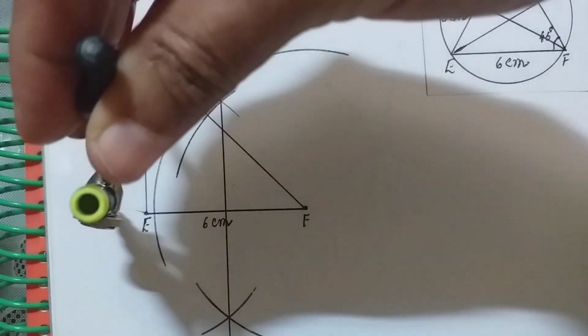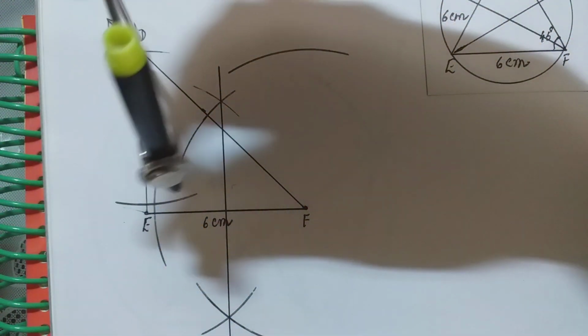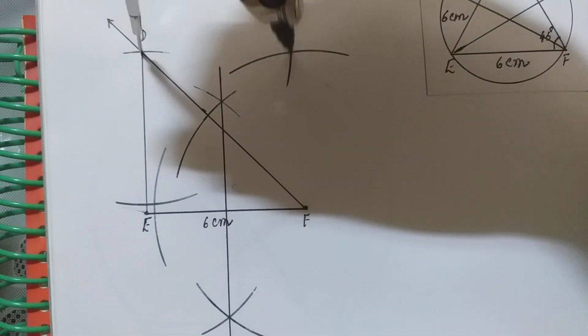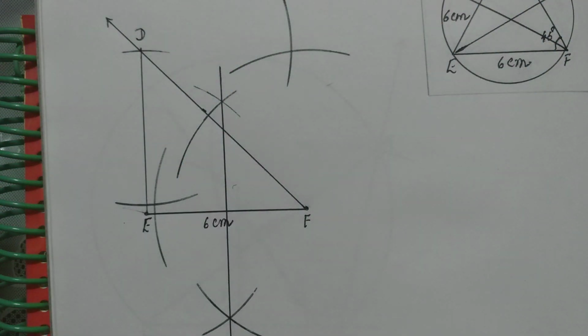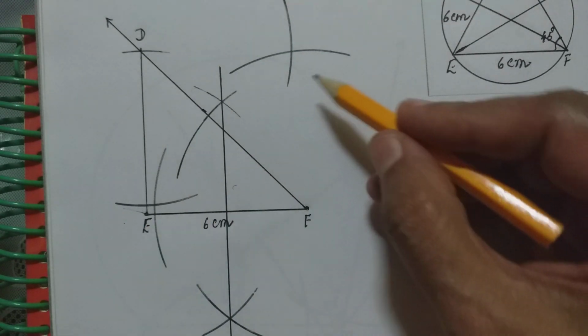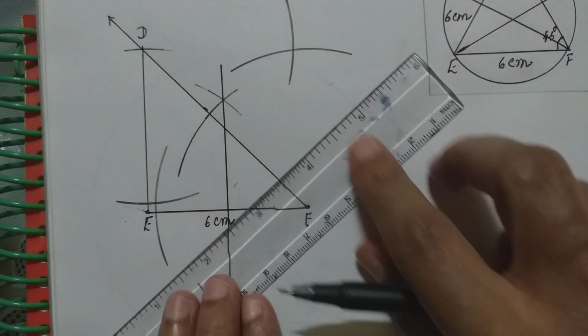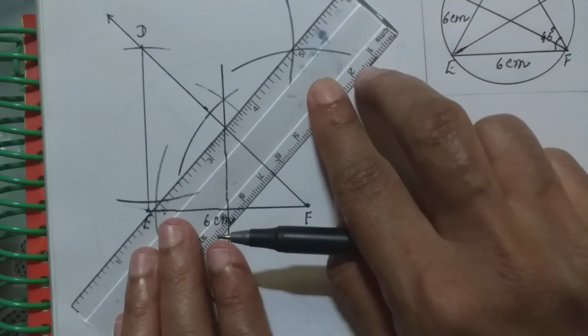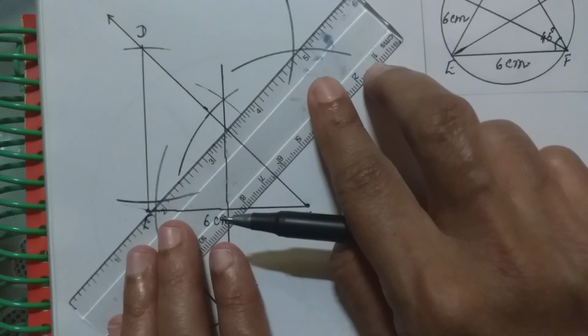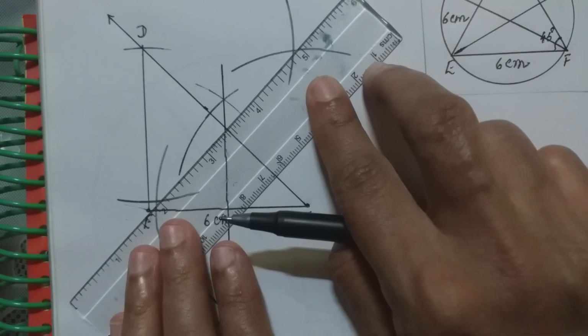And now from D, again we cut this arc and the above arc. Okay, once we see that these pairs of arcs are got, now we will draw a line passing through the point of intersection of these two arcs.